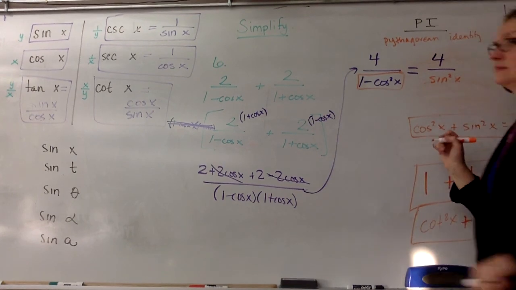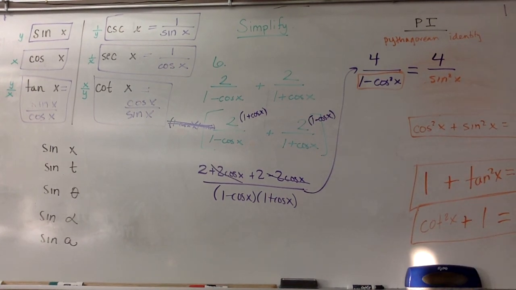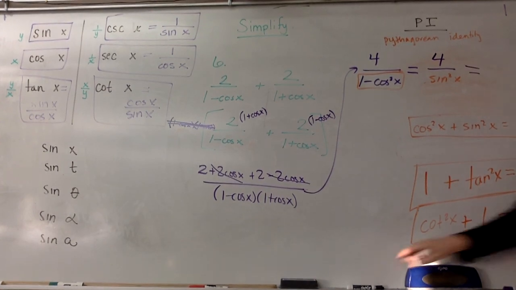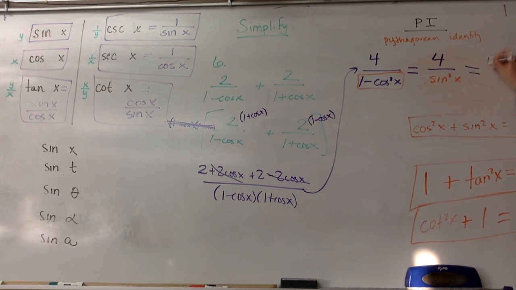I'm almost done. What is sine in the denominator? Which definition over there has sine in the denominator? Cosecant. And how many sines are there here? 2. So my final answer is going to be, I'm going to write it in black here, 4 cosecant squared x.